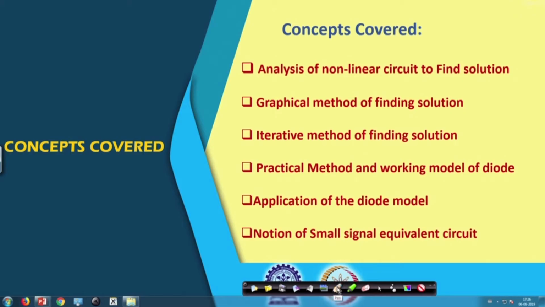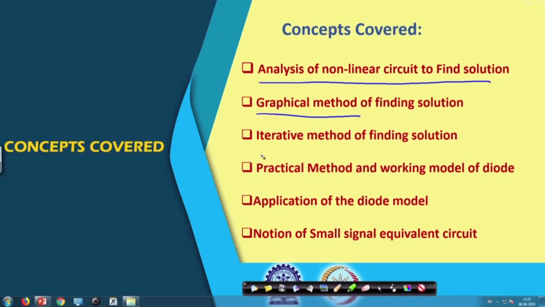We will try to see how to find the circuit solution, namely the circuit voltage and circuit branch currents consistent with the KCL and KVL of the circuit, and also that the device characteristic needs to be respected. So, then we will start with generalized methods, namely the graphical method or graphical interpretation of the method to find the solution.